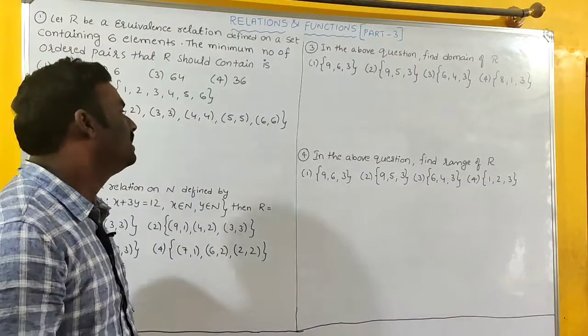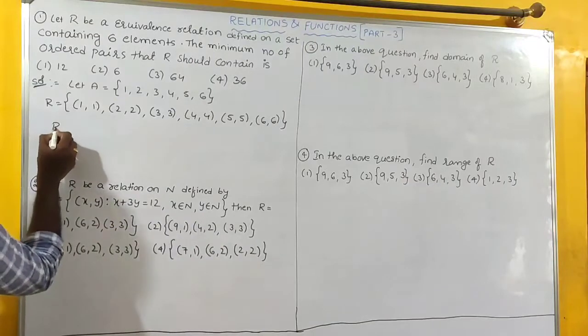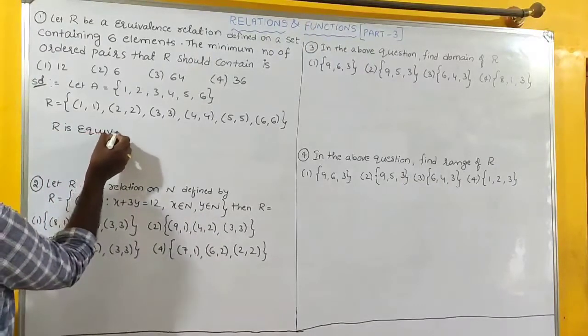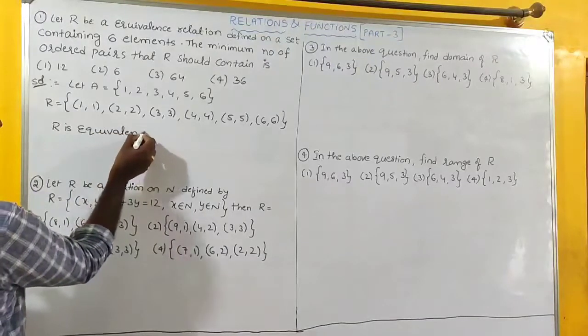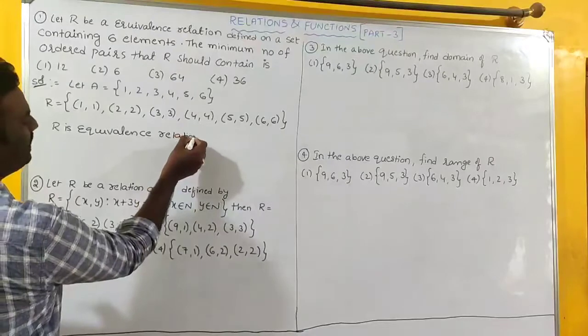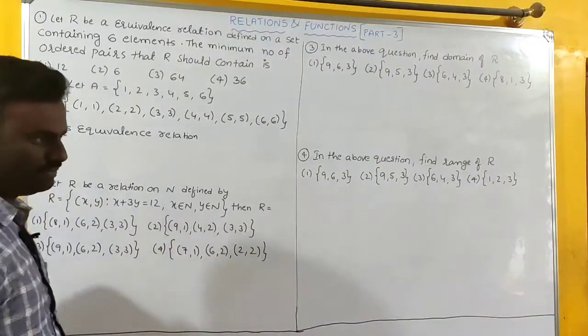Then R is symmetric. Similarly, R is transitive. Therefore, R is which relation? Equivalence relation, because it is reflexive, symmetric and transitive.